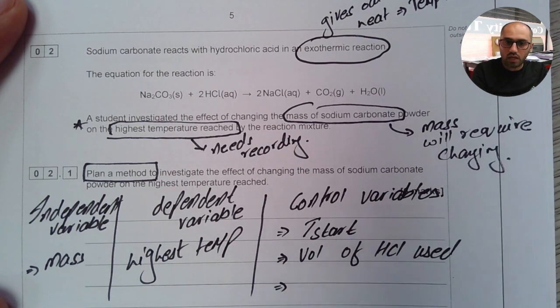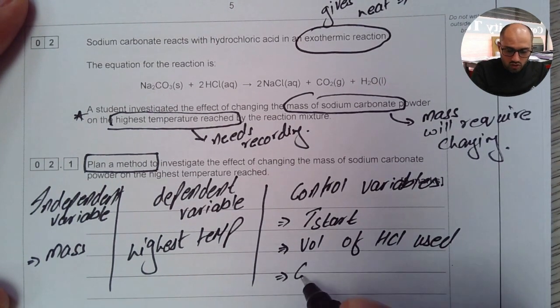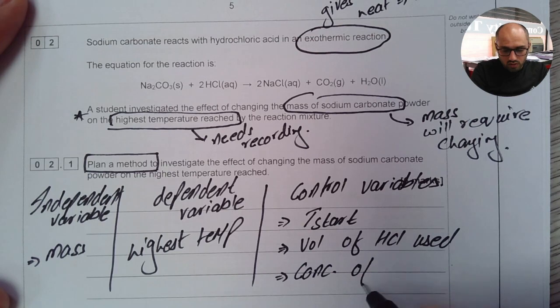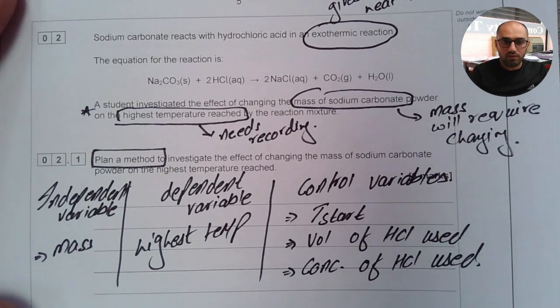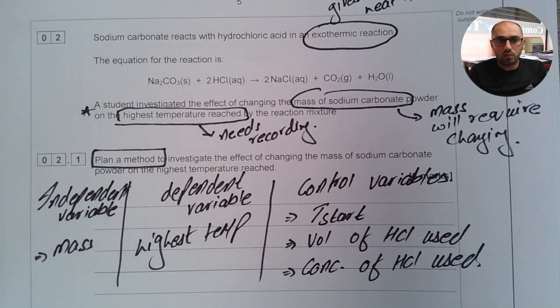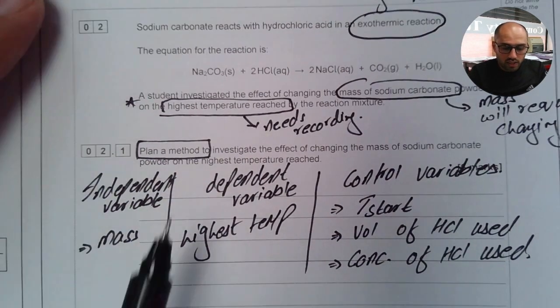And number three, I will say the concentration of HCl used. So now we've given them a clear picture. What is it that's going to change, and what is it that will be recorded, and what is it that will need to be kept constant throughout the investigation. Now we can write down our method.